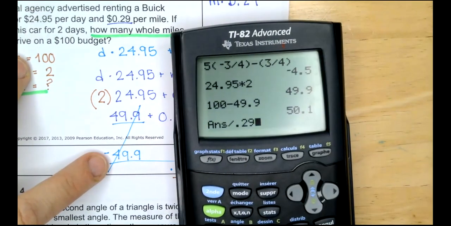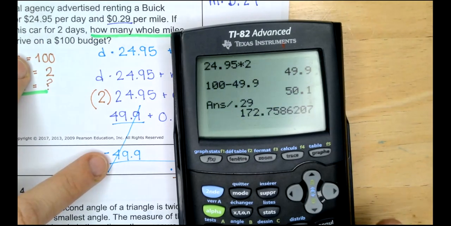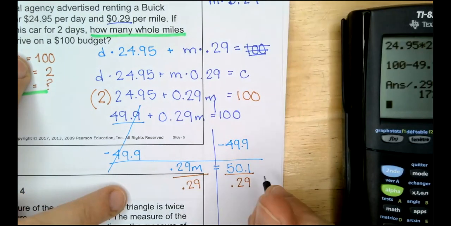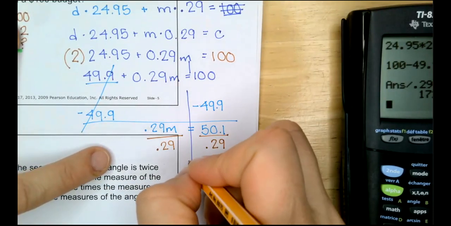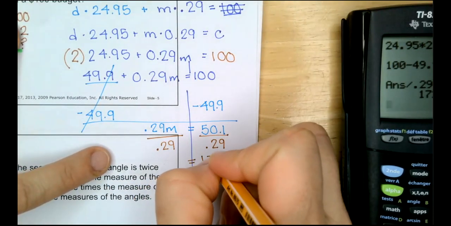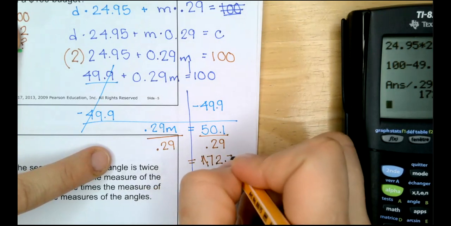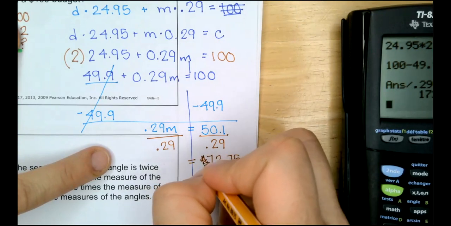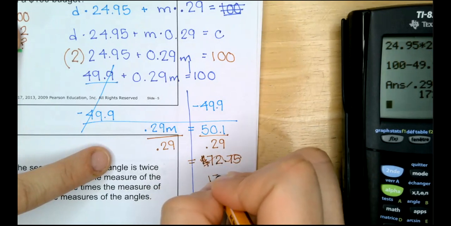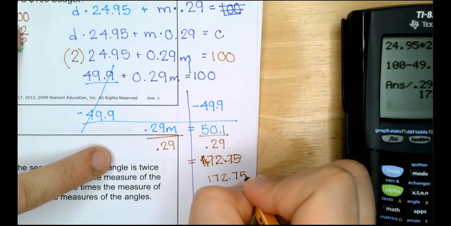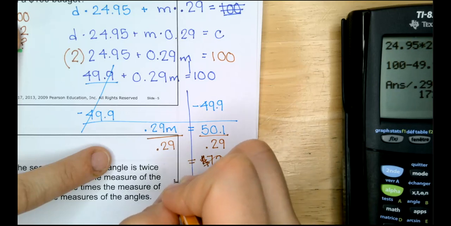Try to decide before you press the button. It's more. So 50.1 when divided by 0.29 becomes 172.75. 172.75 is equal to M.